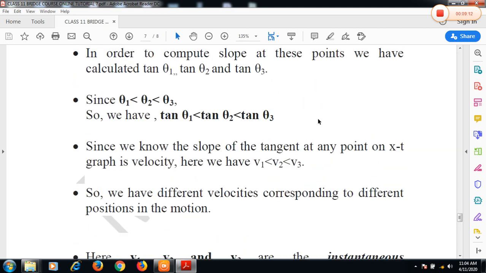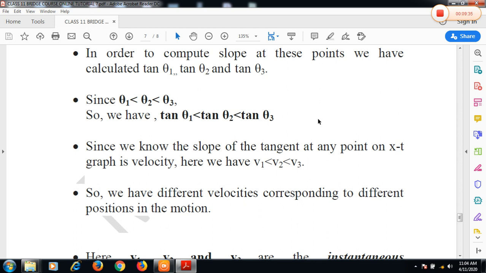Okay, since we know the slope of the tangent at any point on the xt graph is velocity, here we have v1 less than v2 less than v3. Here v1, v2 and v3 are the instantaneous velocities at the points corresponding to A, B and C respectively.